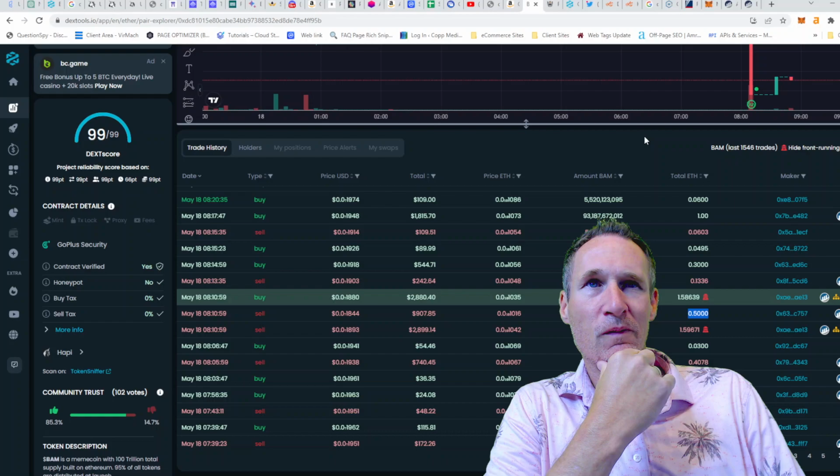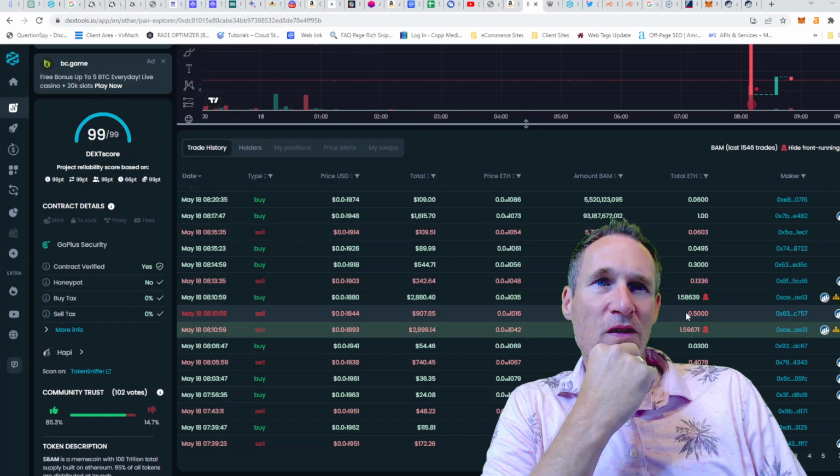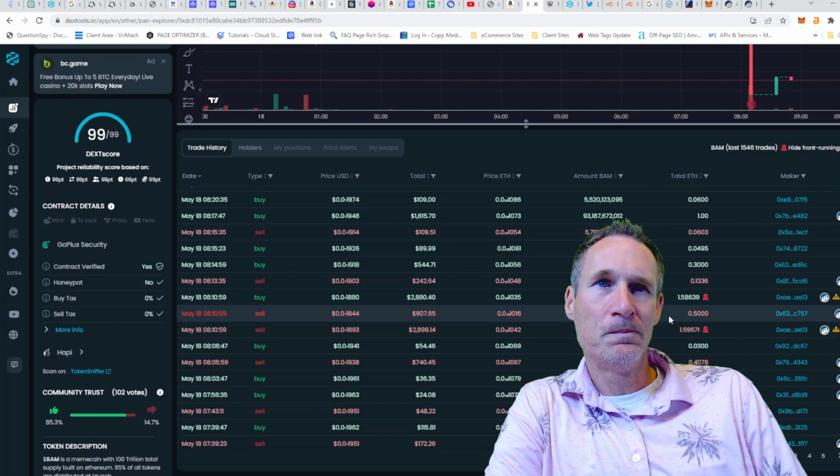You can see that Jared's bot saw it and went in front of this half an ETH sell and sold 1.5, or almost 1.6, ETH worth of the coins before this person could.